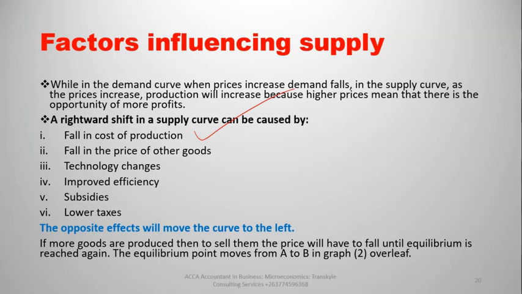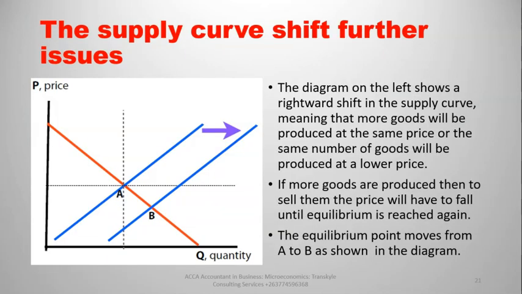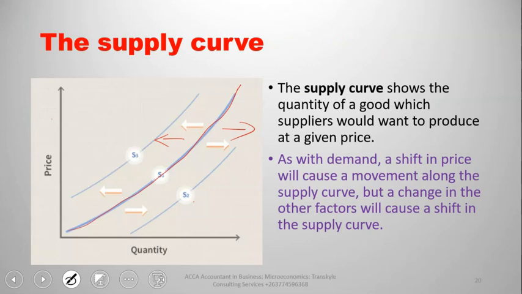When production costs are falling, it means suppliers are motivated to produce more. Remember, a rightward shift means that the supply is increasing. A rightward shift, as you can see here, means that suppliers are motivated to supply more as quantities are increasing.